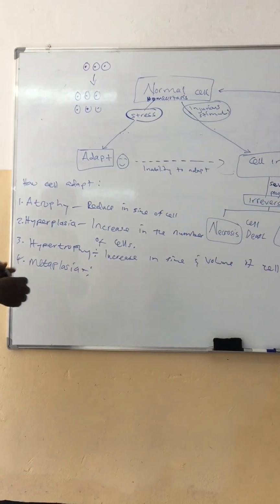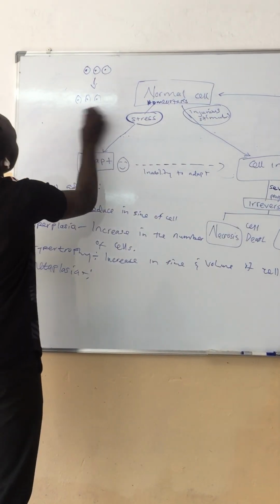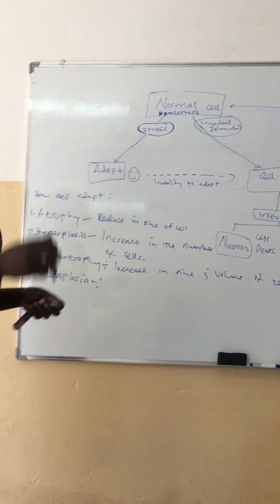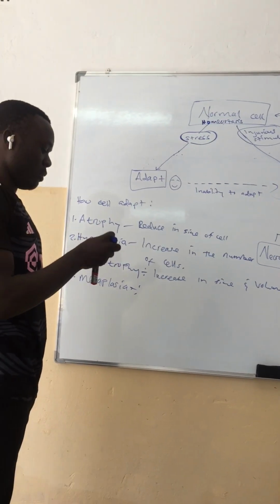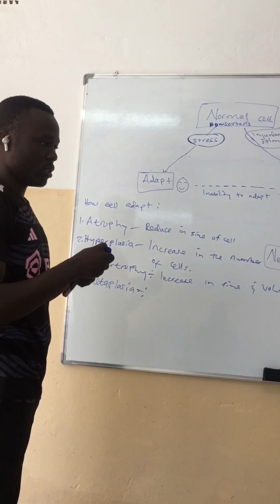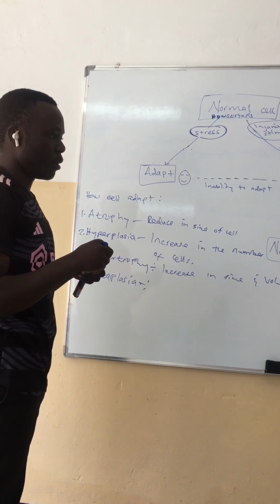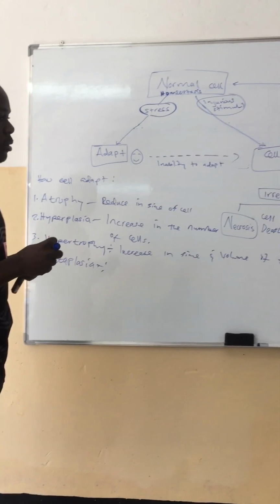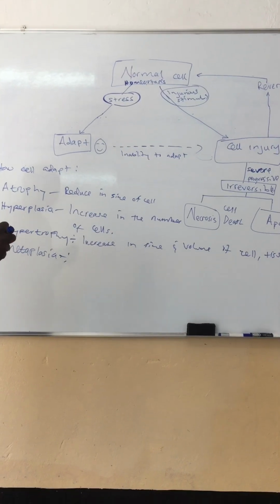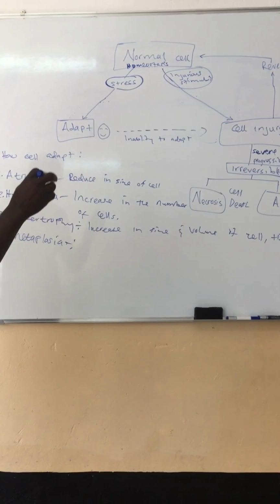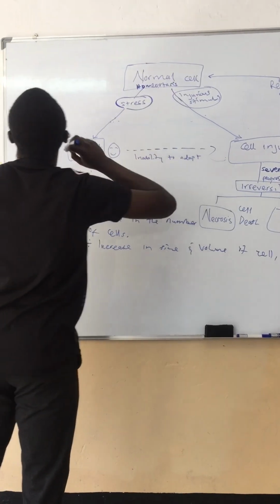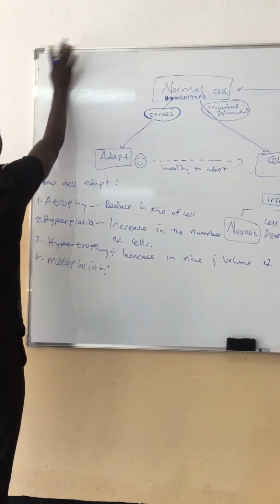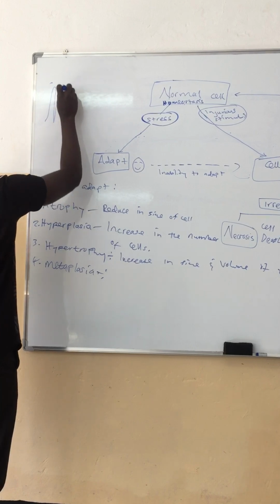Let me give an example. We know the types of cells. We have the tissues, we have the cuboidal cells, squamous cells, and columnar cells.